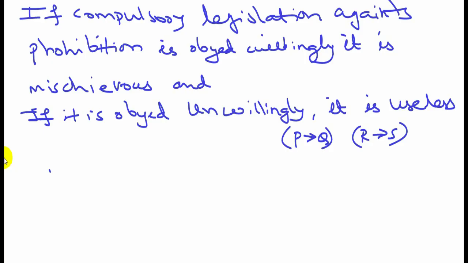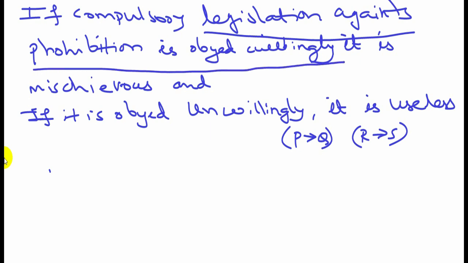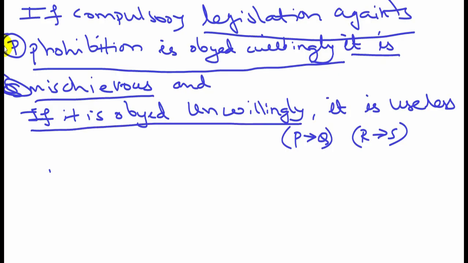This is your P, legislation against prohibition is obeyed willingly. It is mischievous is your Q. If it is obeyed unwillingly, this is your R, and it is useless is your S.